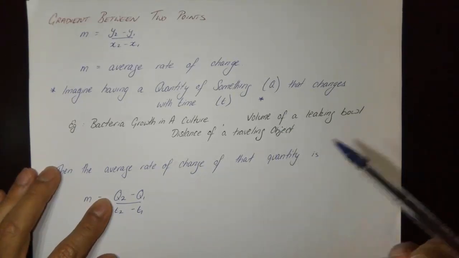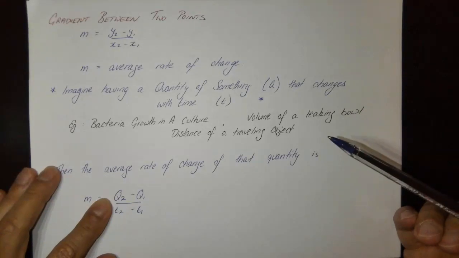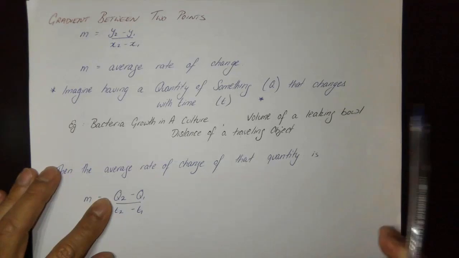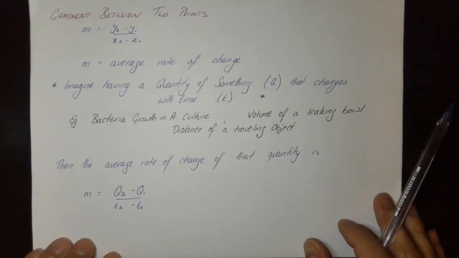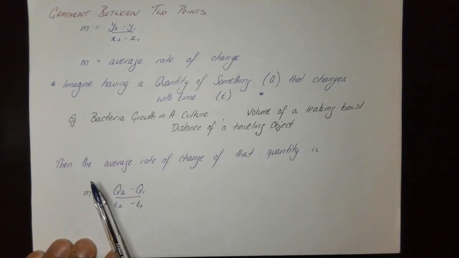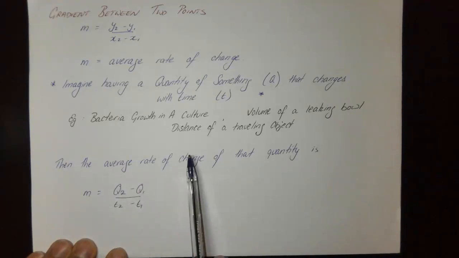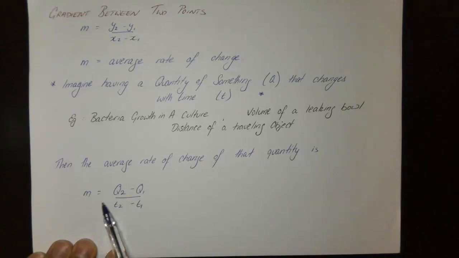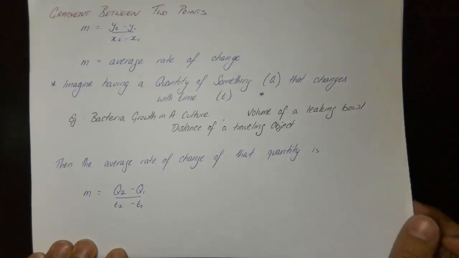So the volume of the water decreases as time goes past, or the distance of a traveling object. Okay. So we then say the average rate of change of this situation is the change in quantity over the change in time.